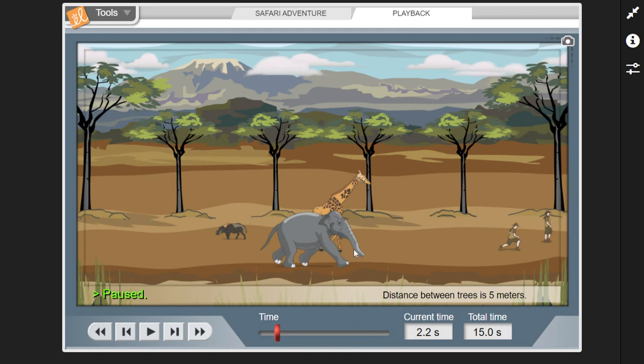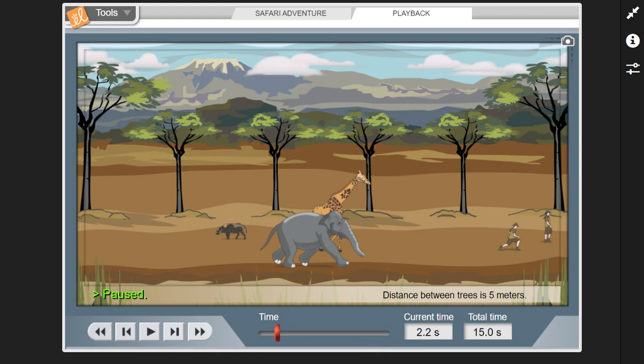So the distance the elephant went, we're going to put 10 meters, and then for the time, we'll need our calculator. The start time was 0.5, and the end time was 2.2, and then we do minus 0.5, and that gives us 1.7.